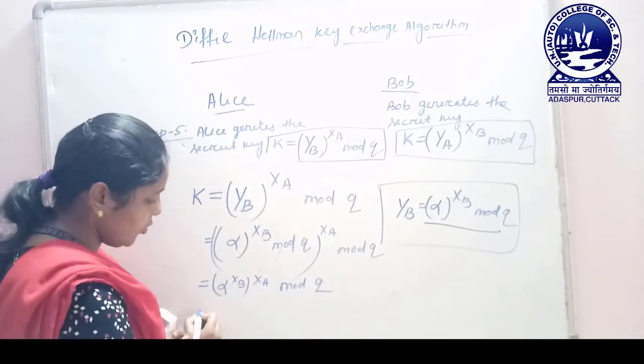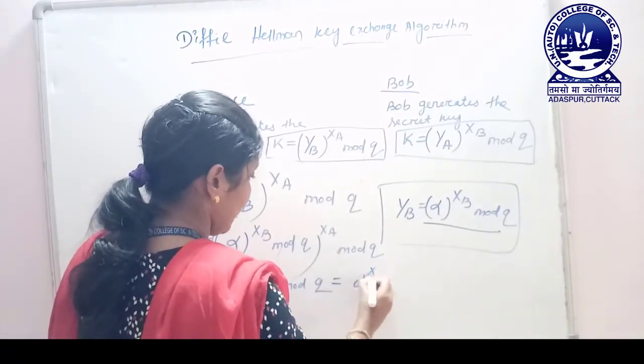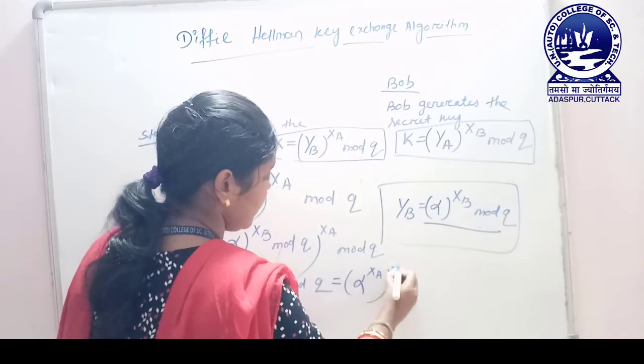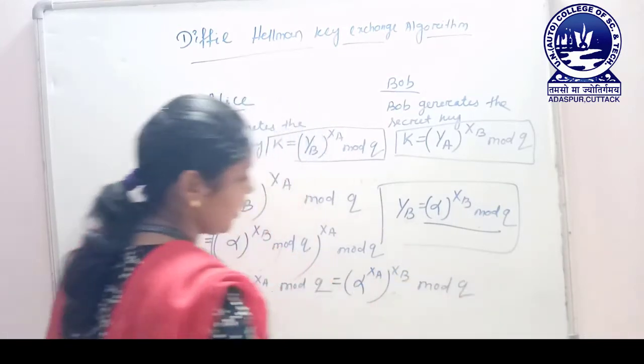Then next you can write as alpha to the power XA, then XB mod Q.